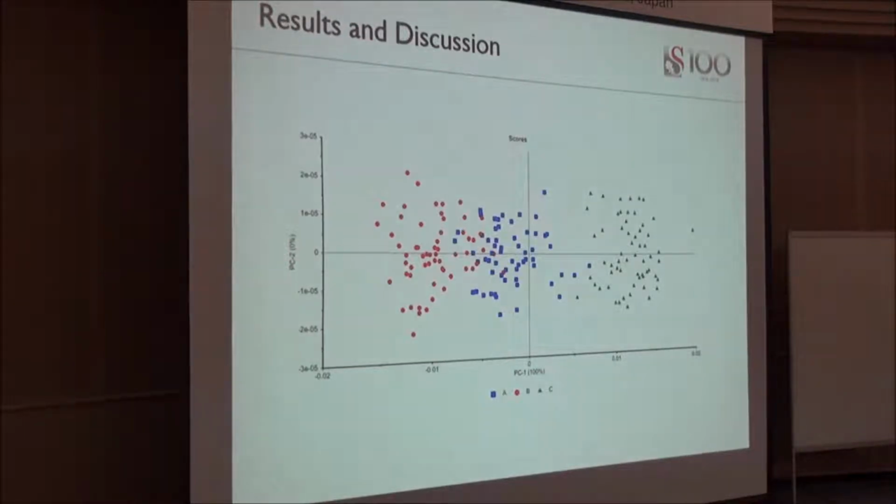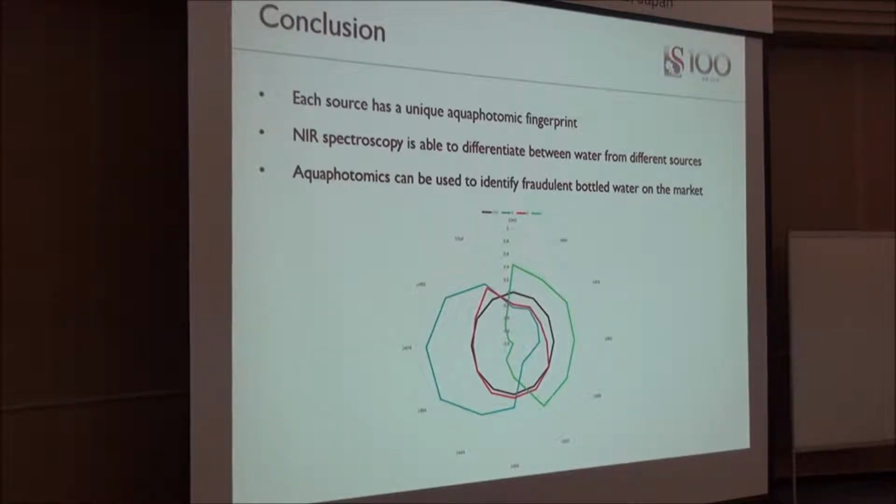So this is just the principal component that explains more than 99% of the variance. You can see separation in PC1 from the left to the right, according to an increase in pH from 5.1 to 8.5. So the study concluded that NIR spectroscopy is able to differentiate between water from different sources.